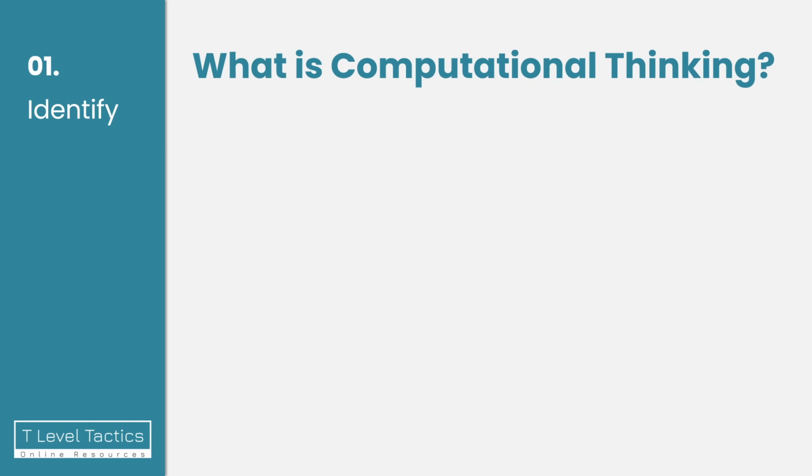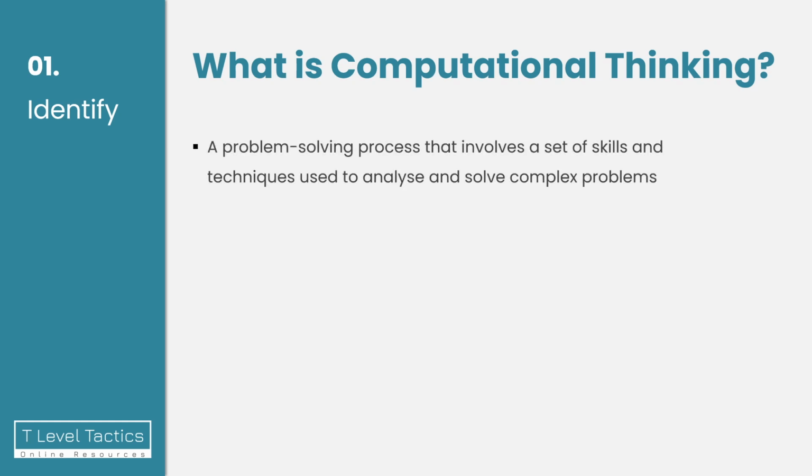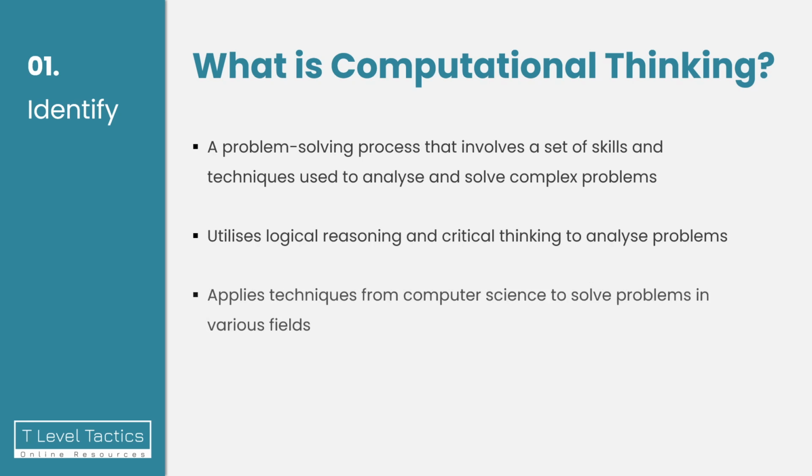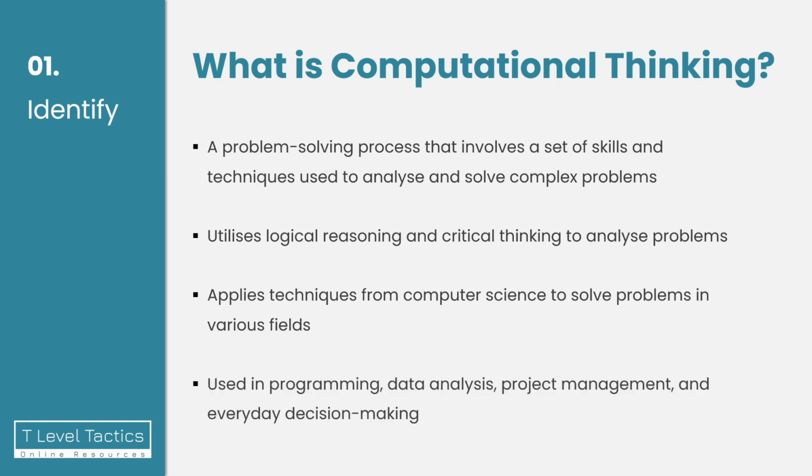Computational thinking is a problem-solving process that involves a set of skills and techniques used to analyze and solve complex problems. It uses logical reasoning and critical thinking to analyze problems, and then applies techniques from computer science to solve problems in various fields. It's used in programming, data analysis, project management, and even you could use it in some of your everyday decision-making as well.